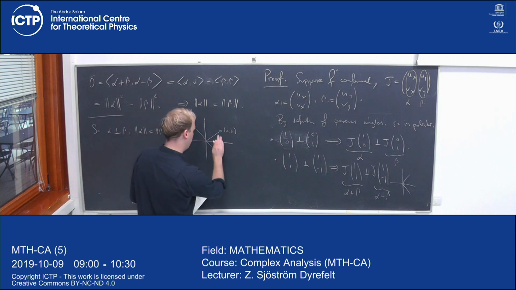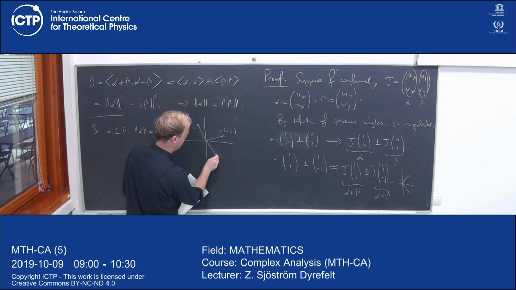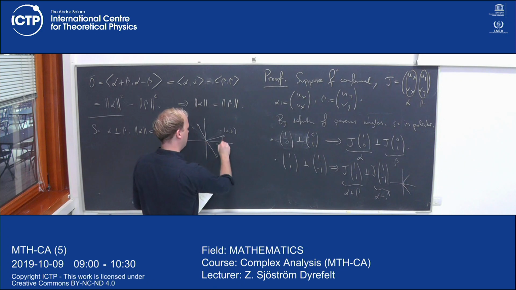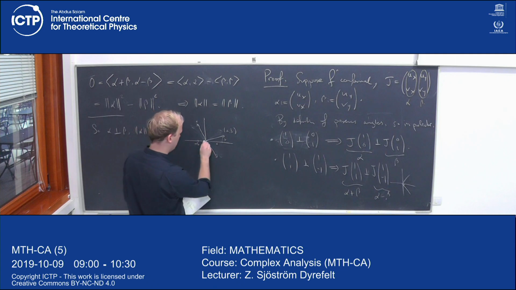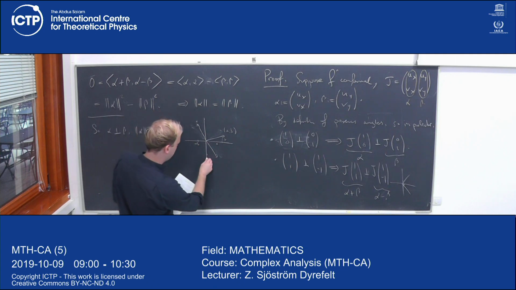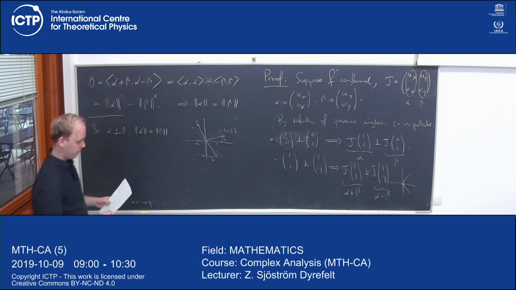It's actually clearer if I draw it a bit closer. So like so. Now this was A and this was B. And this one will actually be, here we will have minus B and here we will have A. And in the same way here we will have minus A and here B.